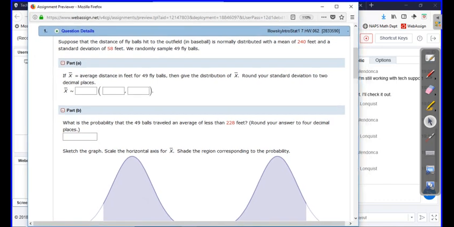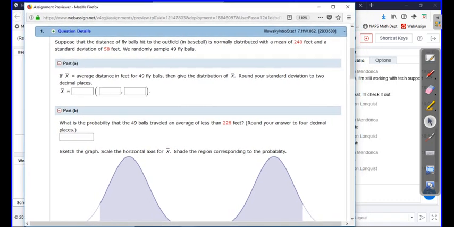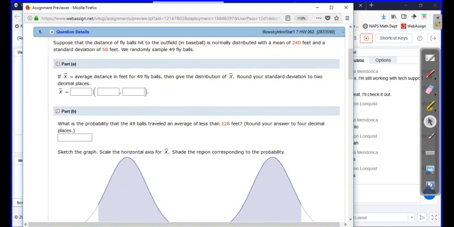This is from Webassign. It says, suppose that the distance of fly balls hit to the outfield in baseball is normally distributed, and in this problem that means with a mean of 240 feet and a standard deviation of 50 feet. So we're going to randomly sample 49 fly balls.